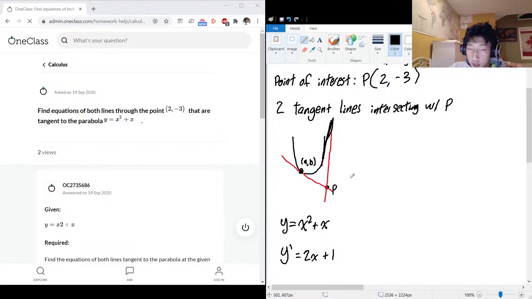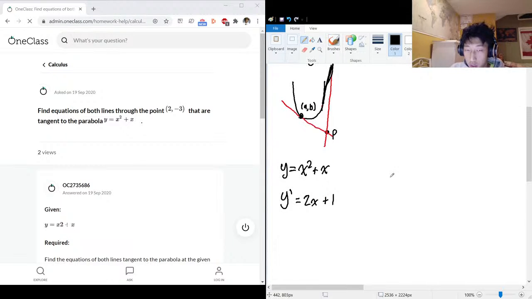Okay, so let's find the slope between any point on the parabola and point P. We know that AB is going to translate to x for the x coordinate, and then the y coordinate is going to be x squared plus x. That's the legitimate formula for how we calculate our y coordinate given our x coordinate.